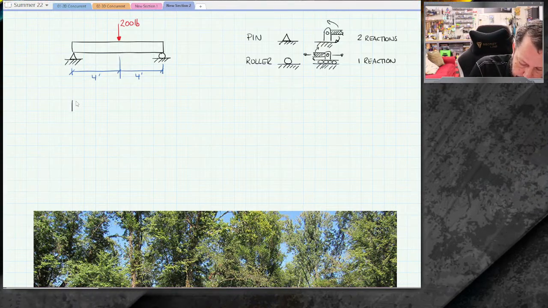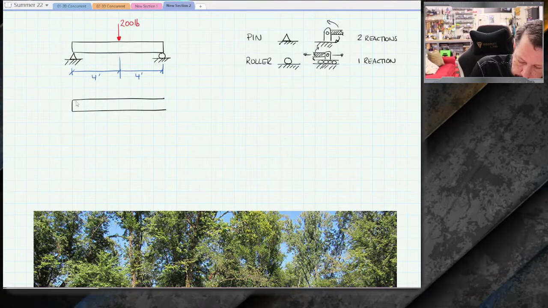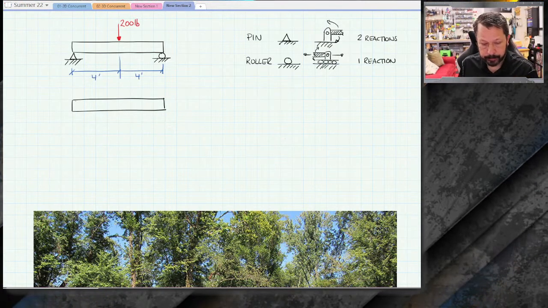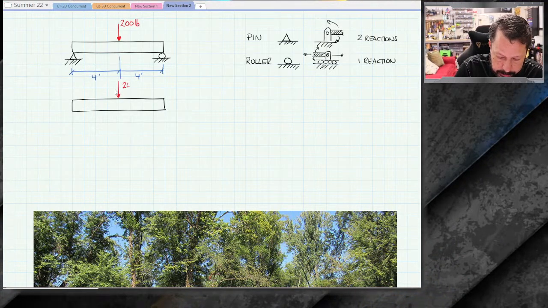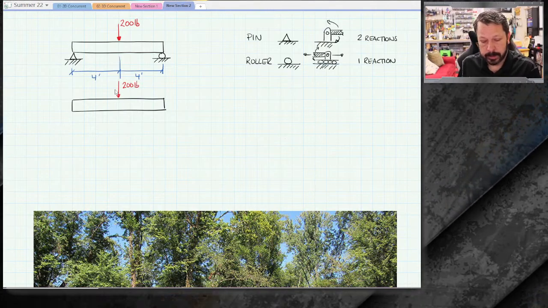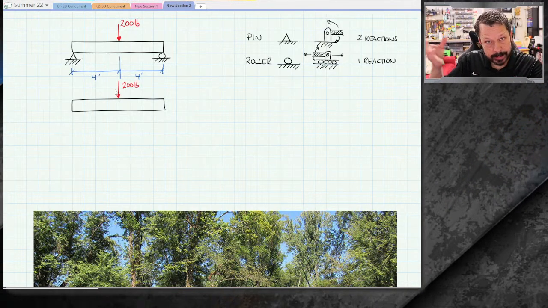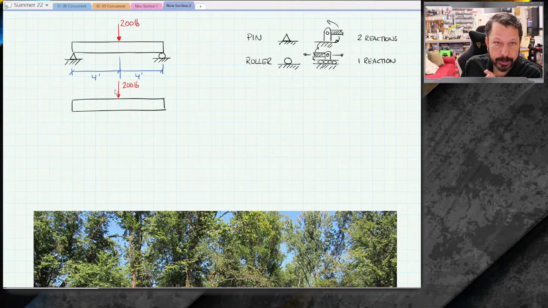So I need to free it by... Now it's free. Now I need to replace everything that was touching it that's important. The pin and the roller are important because they're the things holding it up, so they definitely do something. I need to replace them with their reactions.